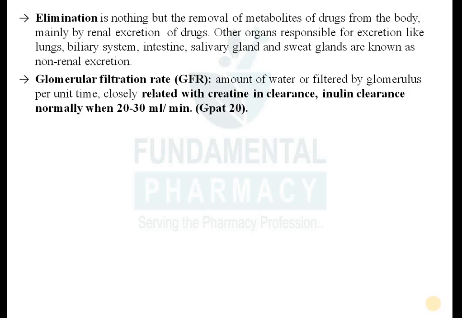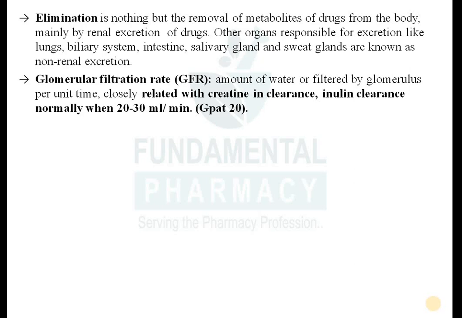It is closely related to creatinine clearance: the amount of creatinine cleared per unit time from the glomerulus is equal to the amount of water filtrated from the glomerulus. That's why glomerular filtration rate is closely related to creatinine clearance. This was a question in GPAT 2000: creatinine clearance is equivalent to glomerular filtration rate.